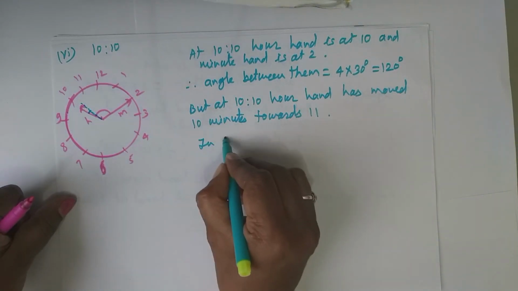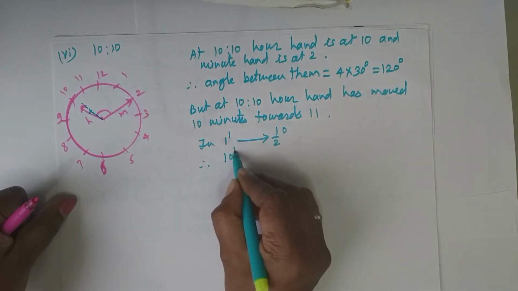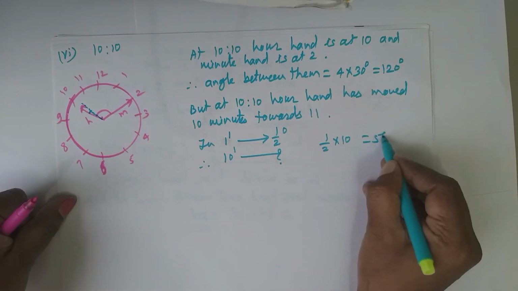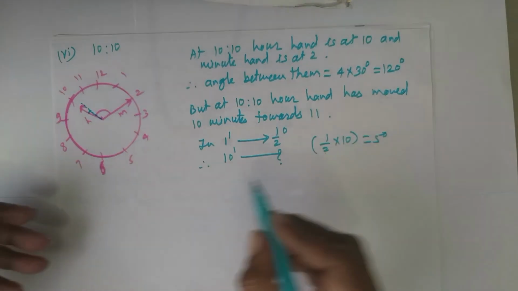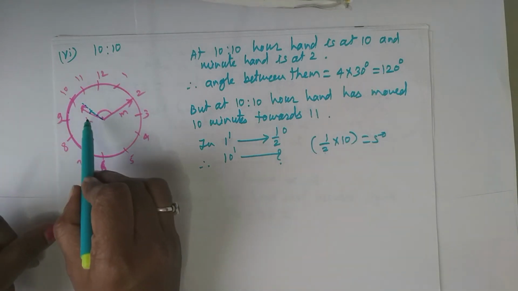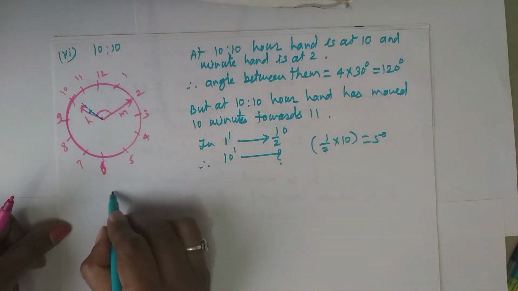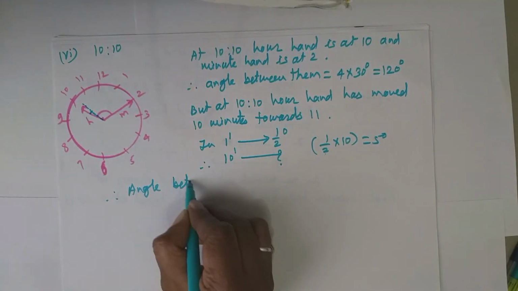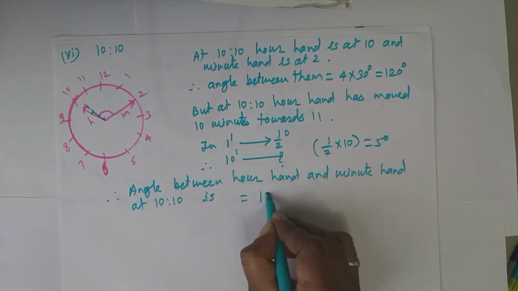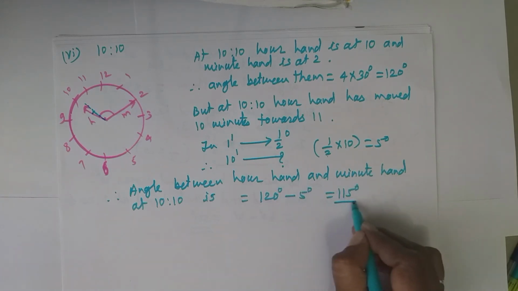In 1 minute the hour hand moves half a degree. Therefore, in 10 minutes it moves half into 10, that is 5 degrees. So from this 120 degrees I have to subtract this 5 degrees. Therefore, the angle between the hour hand and minute hand at 10:10 is 120 minus 5, that is 115 degrees.